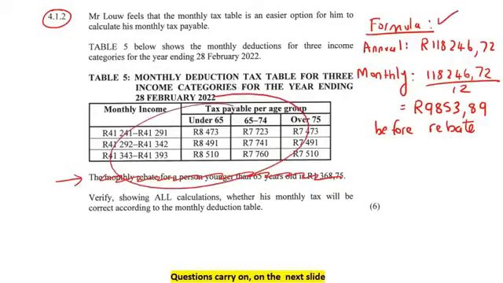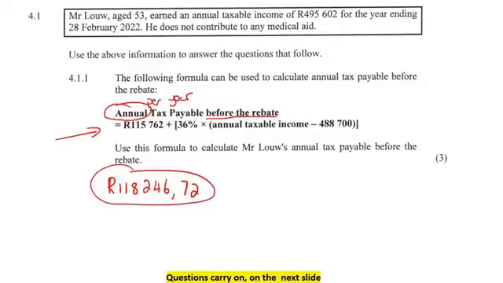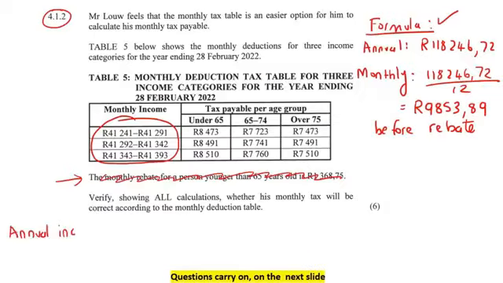Now let's see what the table will tell us. So what we do is we need to first know where Mr. Lowe would find himself on that table. We don't know what his monthly income is. However, we do know that his annual income, his yearly income, is 495,602.